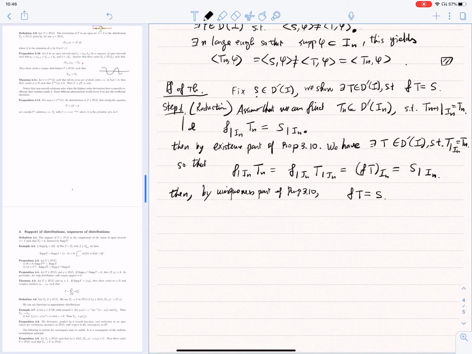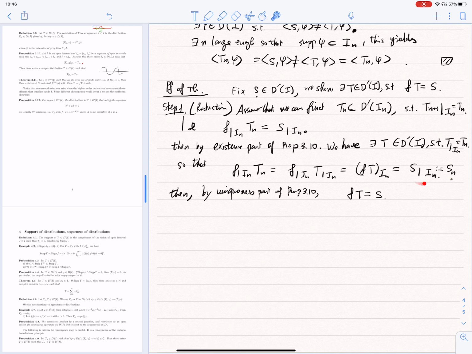Okay. This is because on the right hand side, another way to write it, we can define it as Sn. Okay, so we do have a sequence of distributions, Sn this time, which is consistent in the sense that Sn+1 restricted to In is equal to Sn.